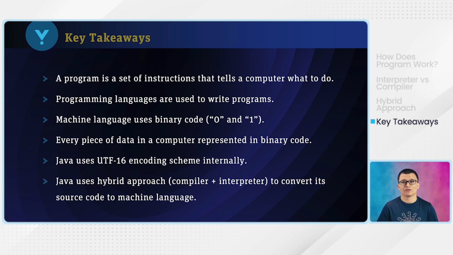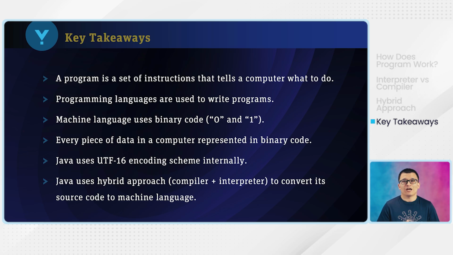That's what a program is. And programming languages are the ones that are used to write programs. If you want to write programs, you need to use one of those programming languages, not the machine language, because machine language is much more complex. Even though it's the only language that the computer understands, it is hard for us to learn, read, and write. Okay, and machine language uses binary code, which is made of zeros and ones. Those zeros and ones define two states: on and off.